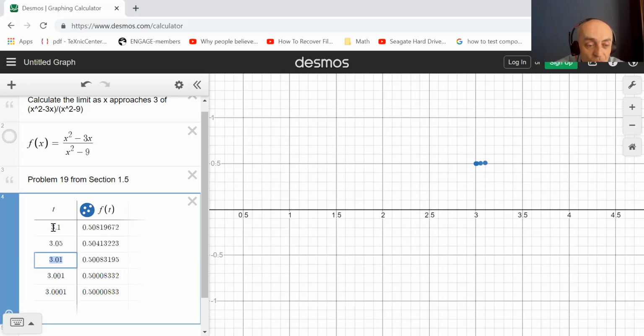These numbers here on the left, folks, approach, yes, that's correct, 3. So 3.1, 3.05, 3.01, 3.001, 3.0001. The corresponding numbers in the right column, the values of f, approach, and you can look at my mouse.